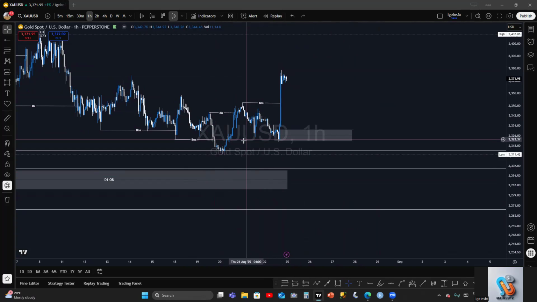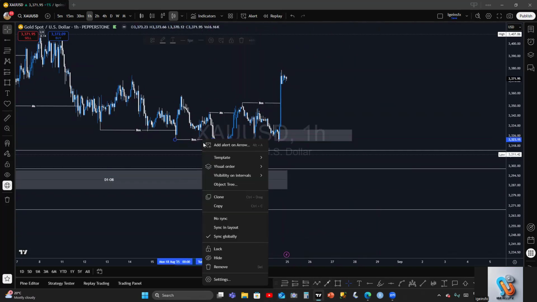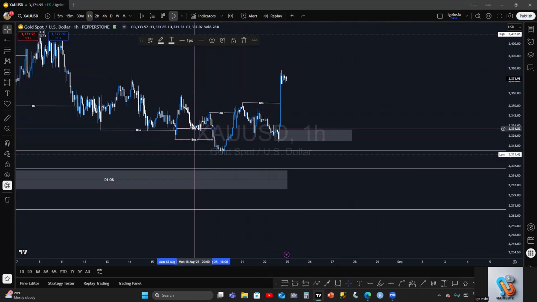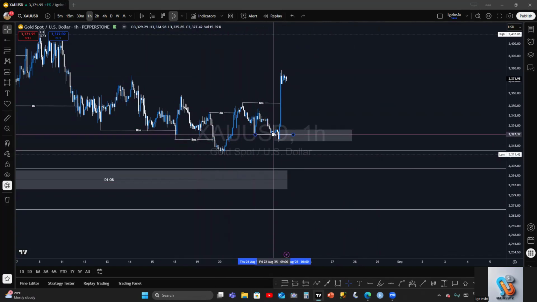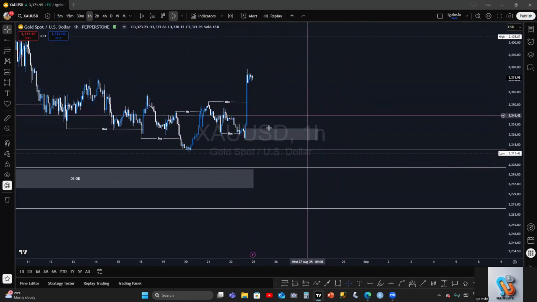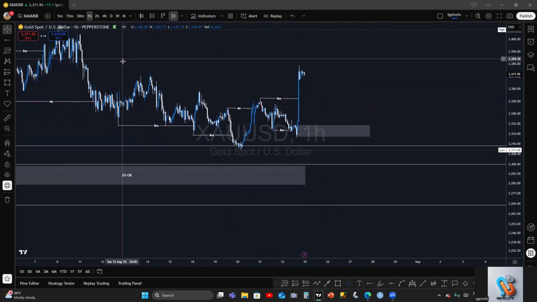And if you want to read the internal structure here, you discover that this point here is a break of structure. This was the last break of structure to the downside before this push to the upside, breaking this level.